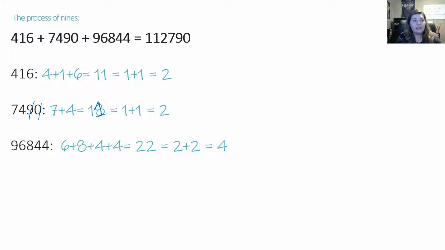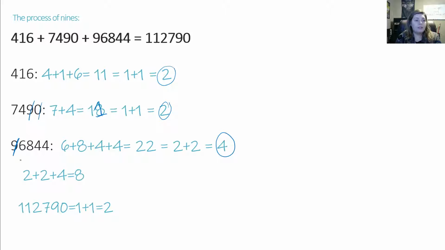So then we can take here, and again, we're going to cast out that 9 here. And then we're going to say 6 plus 8 plus 4 plus 4 is 22. 2 plus 2 is 4. So then all we're doing is taking these numbers here, 2 plus 2 plus 4, and you see that I have that typed here, equals 8.